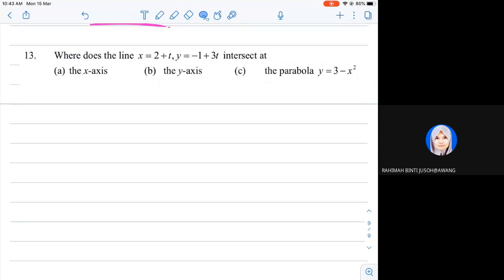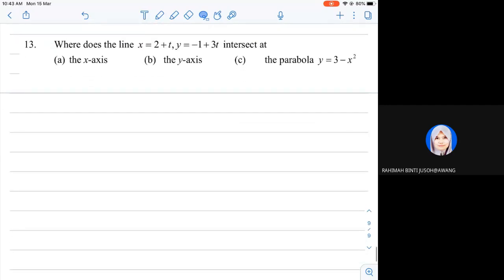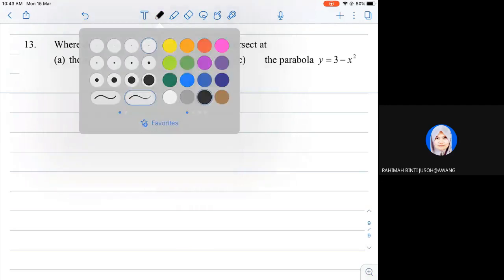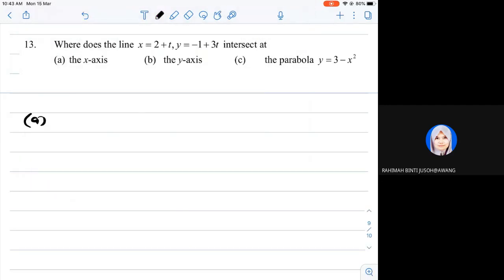Okay, x-axis. Question number 13A. Intersect the x-axis. So what happens, guys, when it says intersect the x-axis?